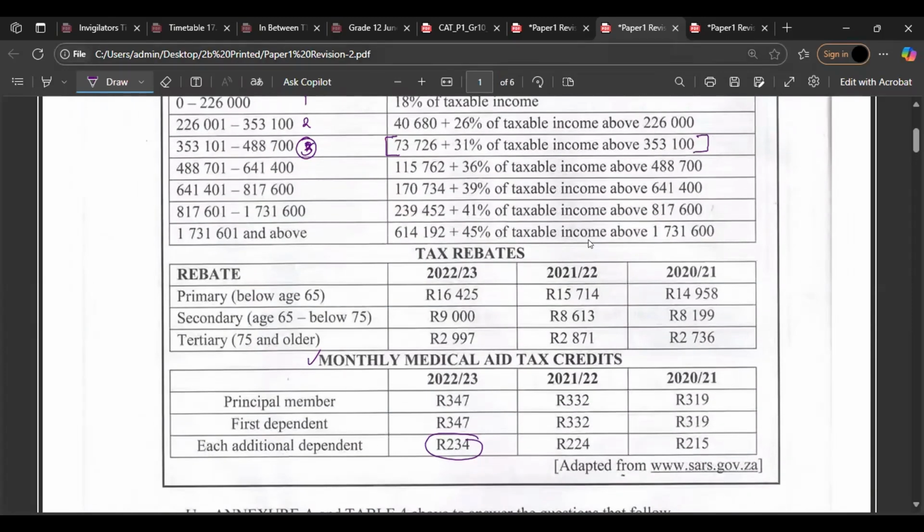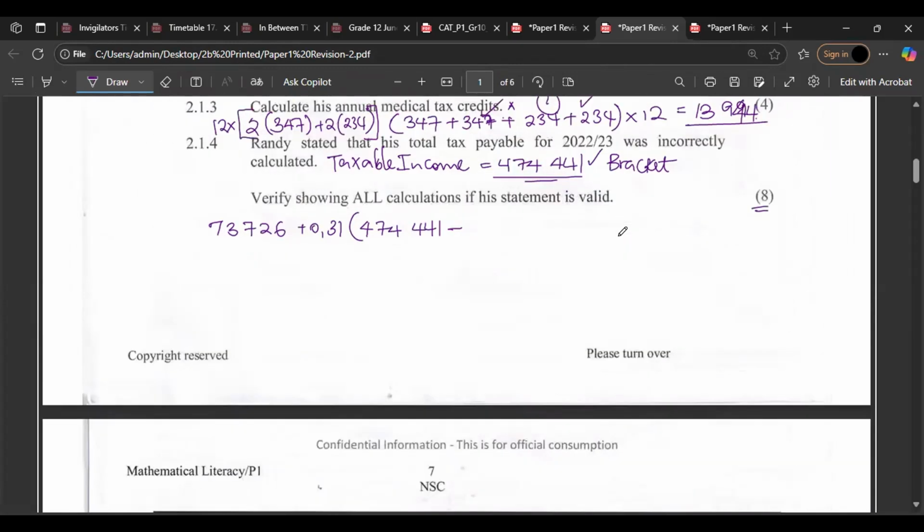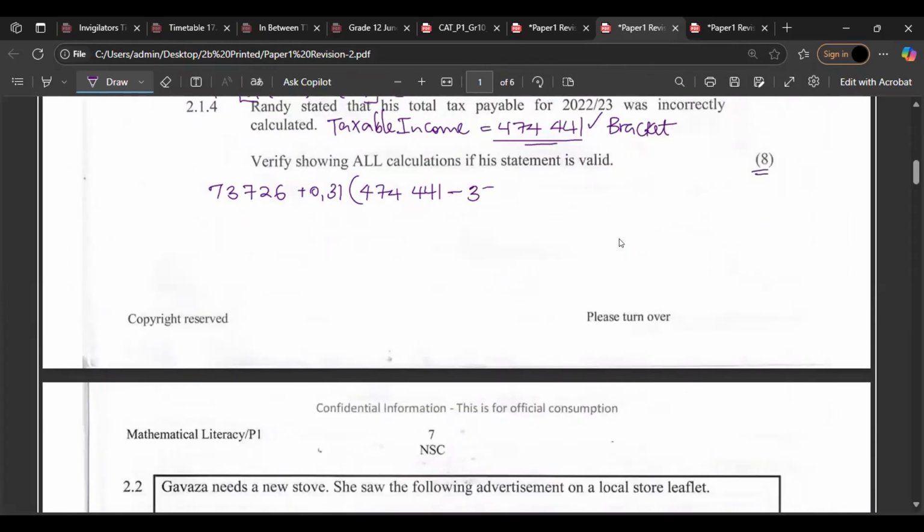Remember, we've already written down the taxable income. So minus this value here, which is 353,100. At this moment in time, please try to simplify.